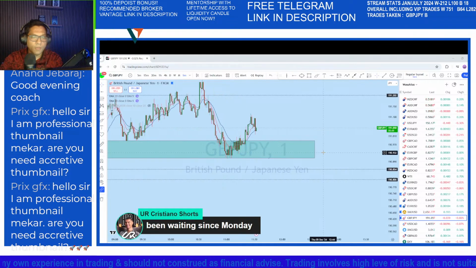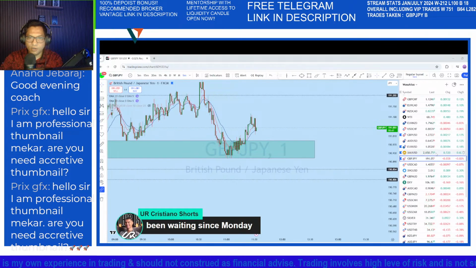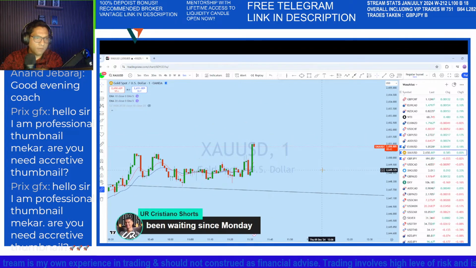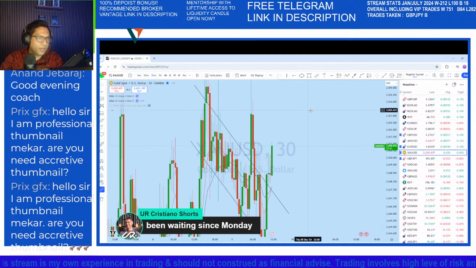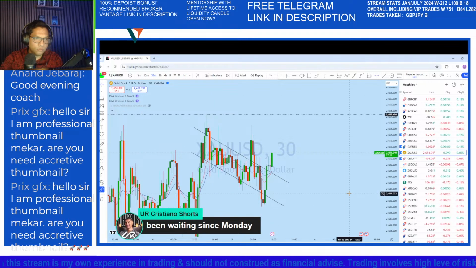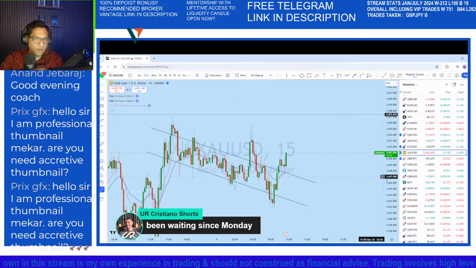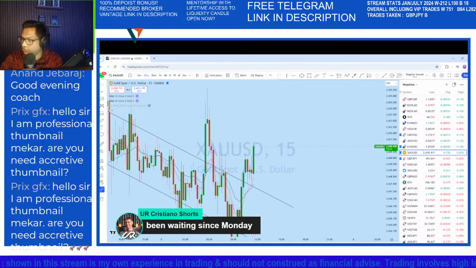Okay, so here is again XAUUSD. We can see, okay, the market is slowly trying to bounce here on the lower time frame. So let's see if we can find any potential entry opportunity in this market.